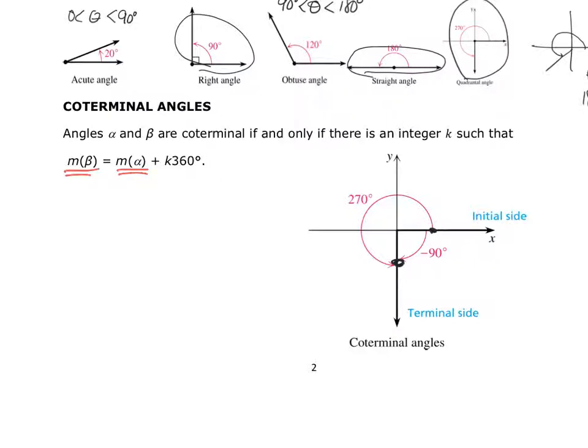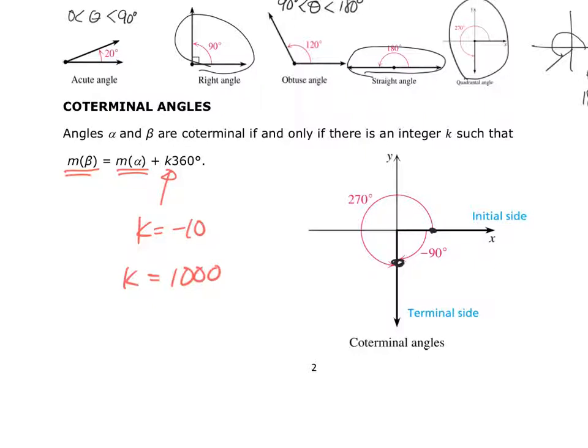Remember, when we see m, and then that's a beta, the measurement of beta is equal to the measurement of alpha plus a multiple, that's what the k part is, a multiple of 360 degrees. k can be negative, k can be positive, but k is an integer. So my k can take on values of negative 10 if I wanted to. k could take on values of positive 1,000 if I wanted to. It is an integer value.